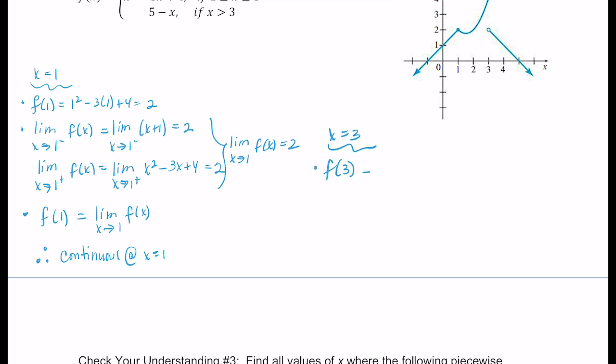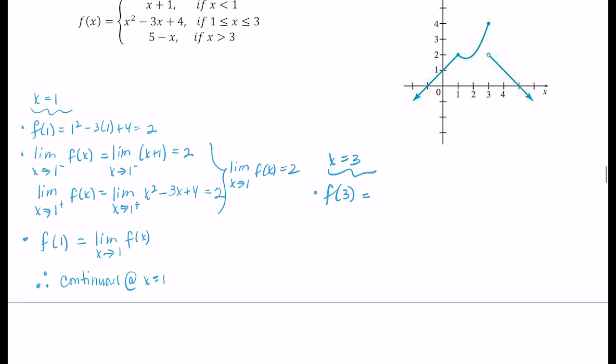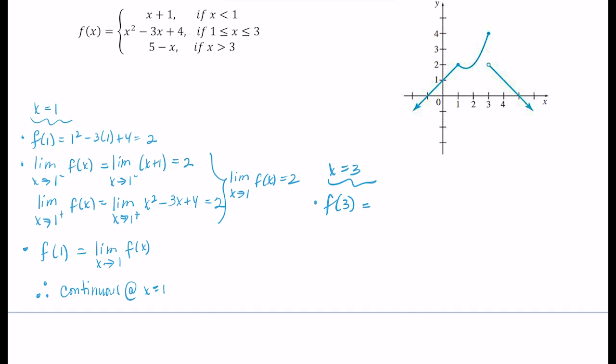We're going to first check f of 3. Okay, so we know that the function equals 3 here at x squared minus 3x plus 4. And if we plug in 3, we should just get 4.